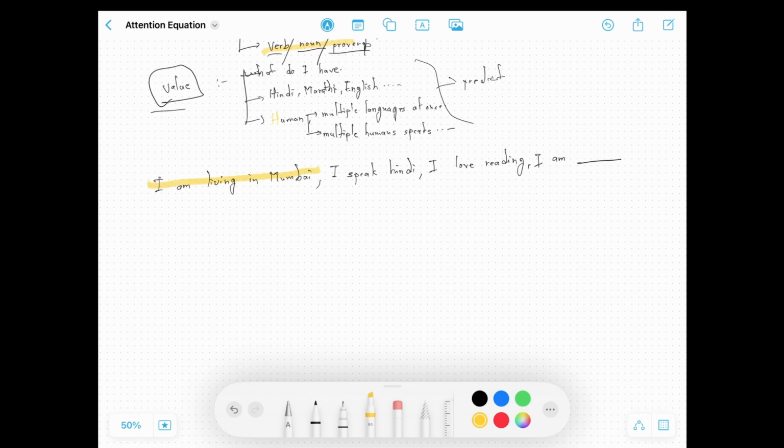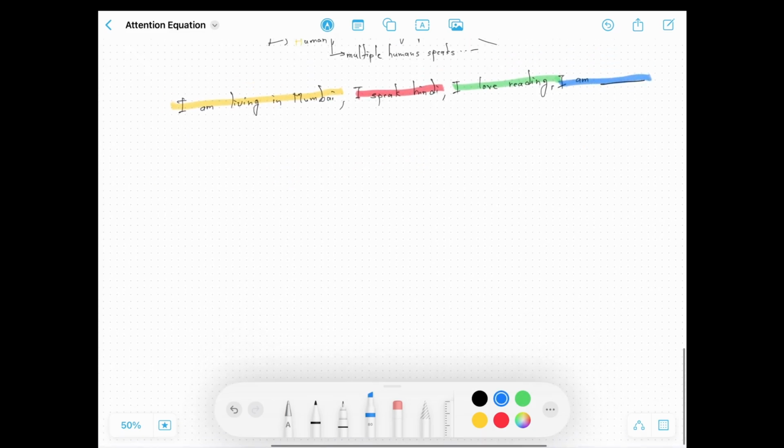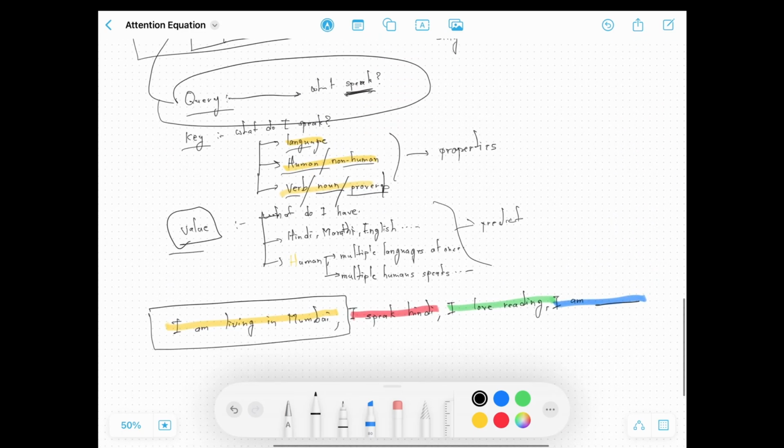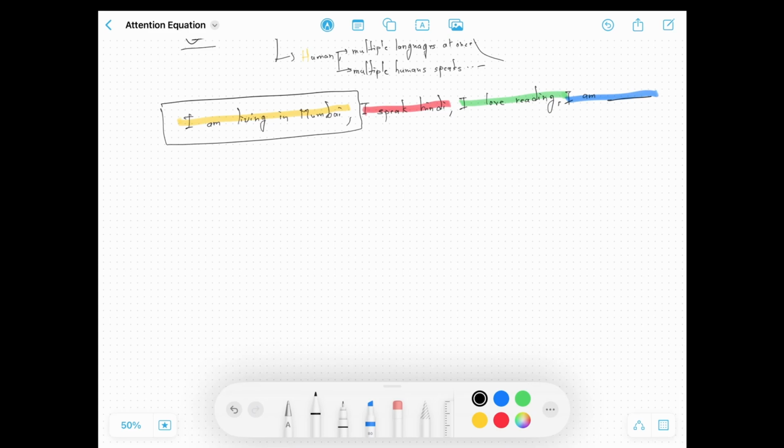So this is one thing, this is another thing, and this is third thing, and I'm predicting this one. So what happens when we are using one single attention head is that maybe inside the attention head and inside this entire matrix multiplication, there is only focus on one specific part of the sentence, one specific context of the sentence. So instead of focusing on entire things, or maybe there would be something else.